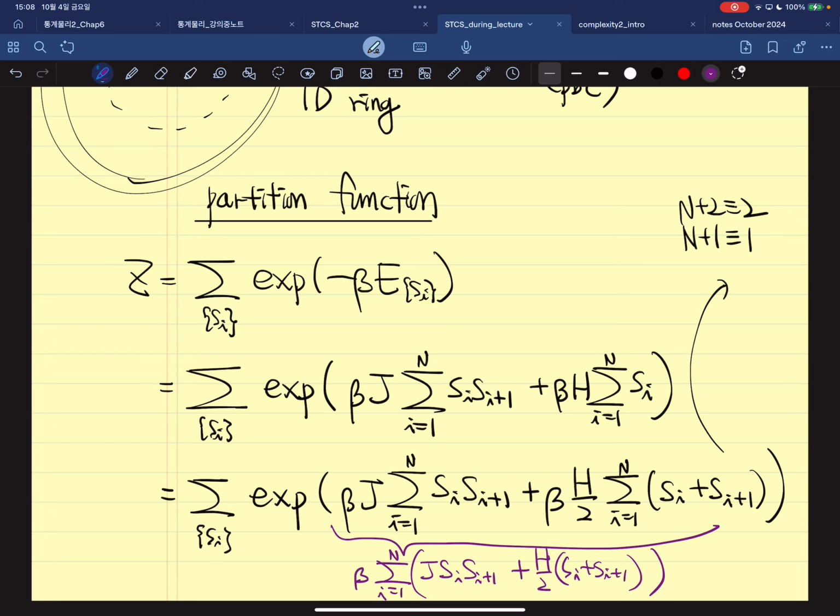And because the summation is inside the exponential, we can just split the exponential for these indices.